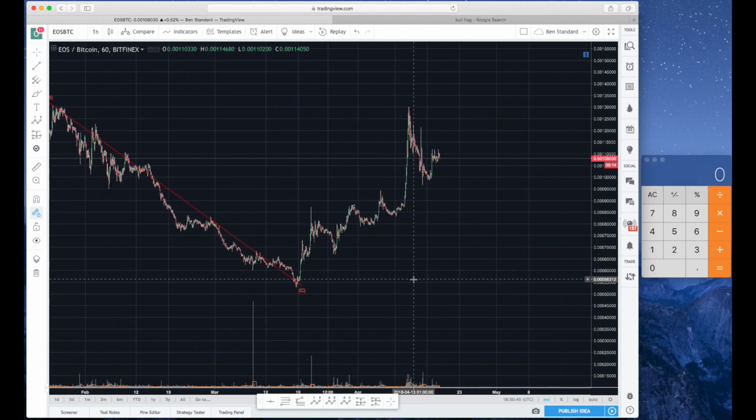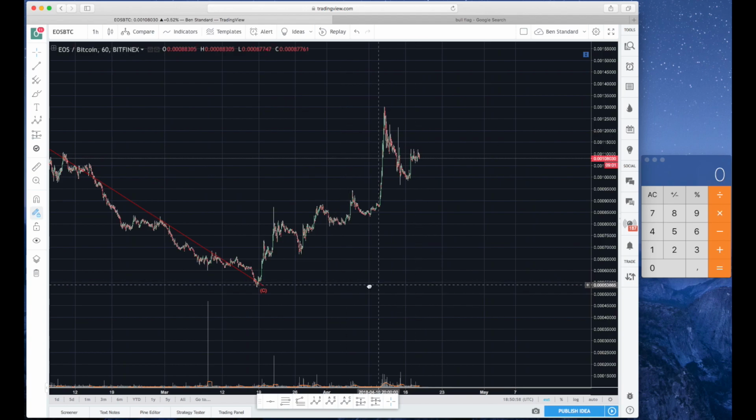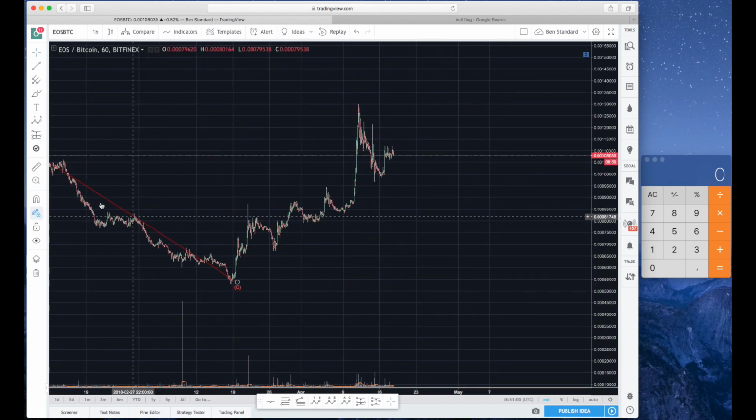So first we need to draw out the 5 impulse waves that we can see when looking at this bull trend.